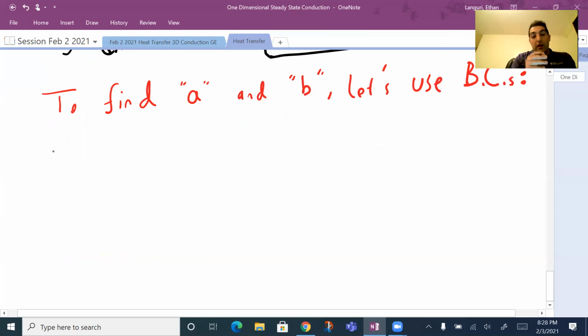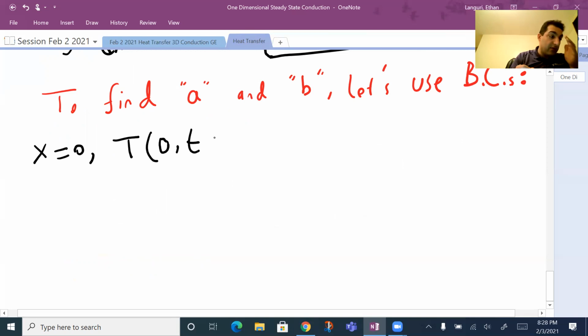So we have two walls, one at x equals 0, another at x equals L. For the x equals 0 wall, we know that the temperature of the wall at x equals 0 and at any time, of course, it's a steady state, so really we don't need to worry about time, is equal to Ts1, right?